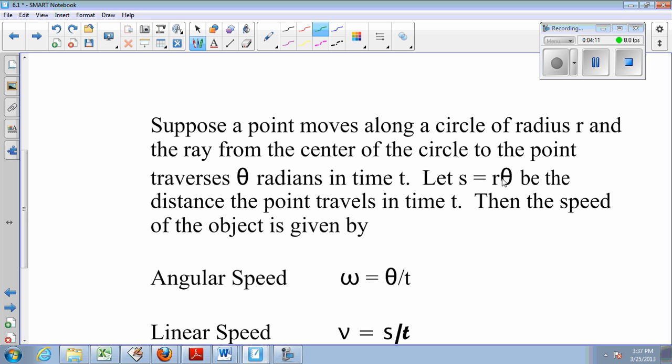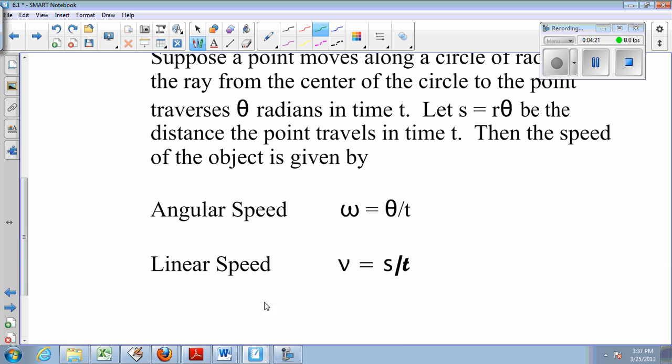Let s equal r theta be the distance the point travels in time t. The angular speed is omega equals theta over time, and linear speed is given by nu, which equals the arc length over time.